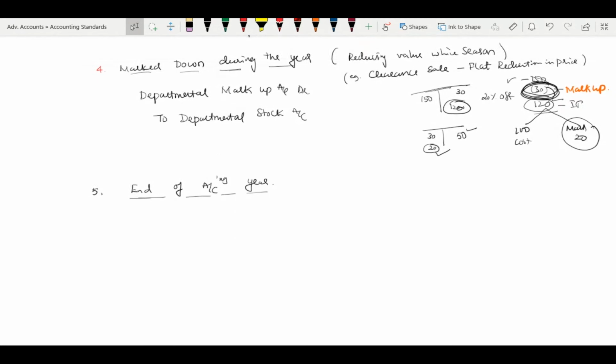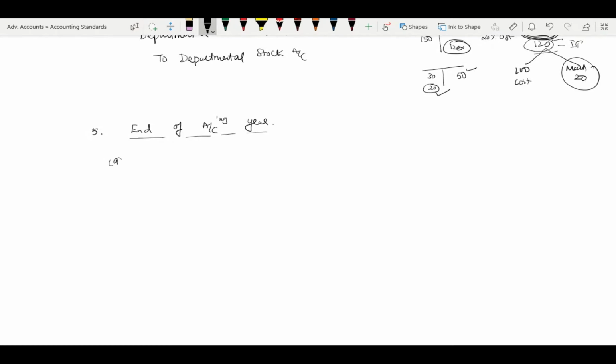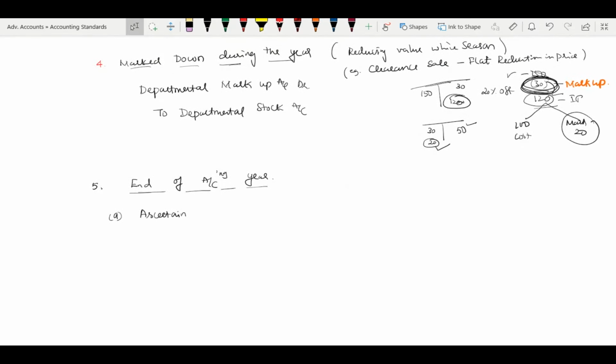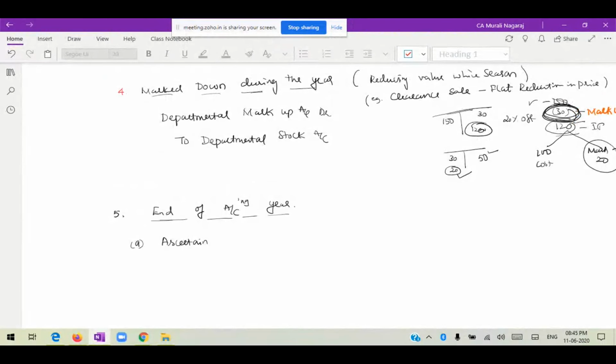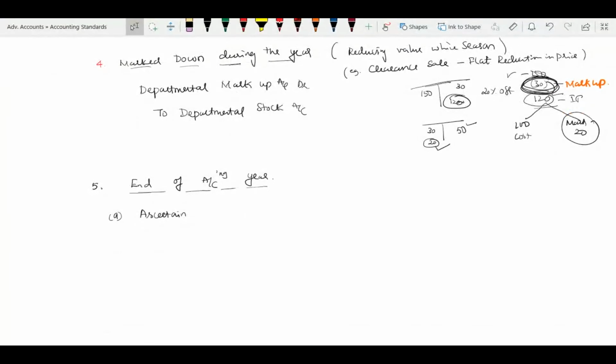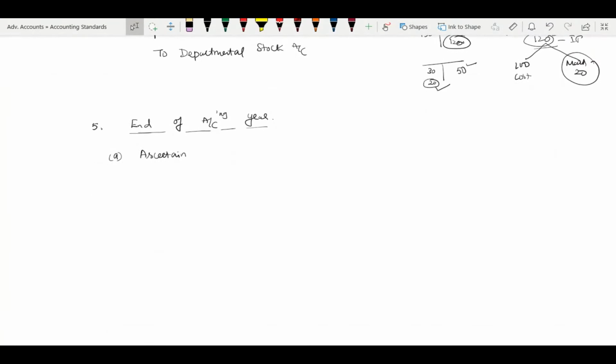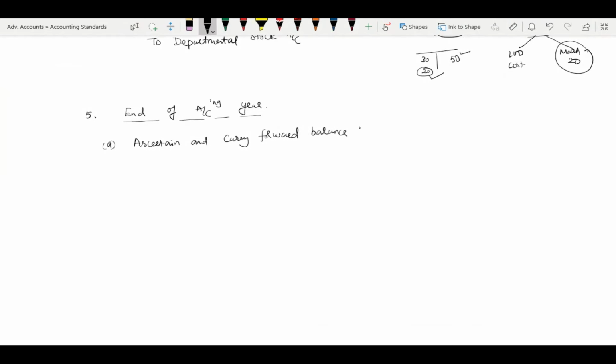Now let's go to the first entry out of this. Event A: ascertain and carry forward balance in the departmental stock account.